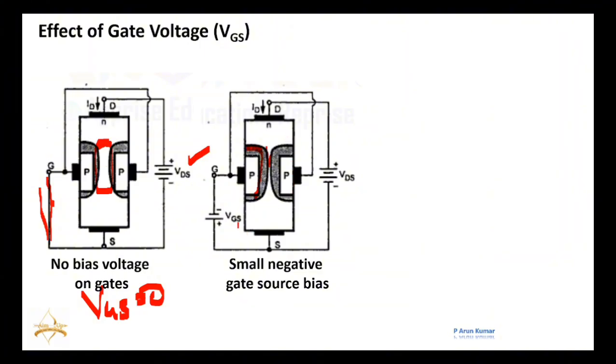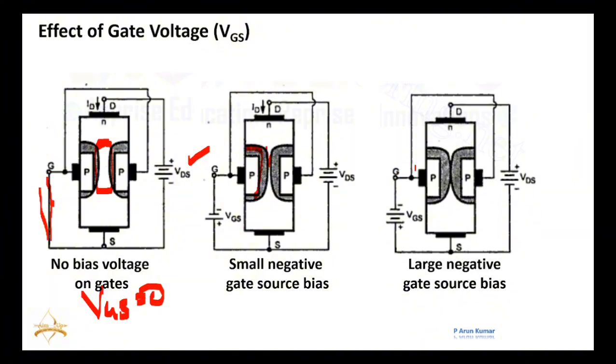At some particular point of this voltage, the channel is completely closed. This is called the cutoff region. The depletion region will be maximum, and the channel is minimum, completely closed. That is called the cutoff region.